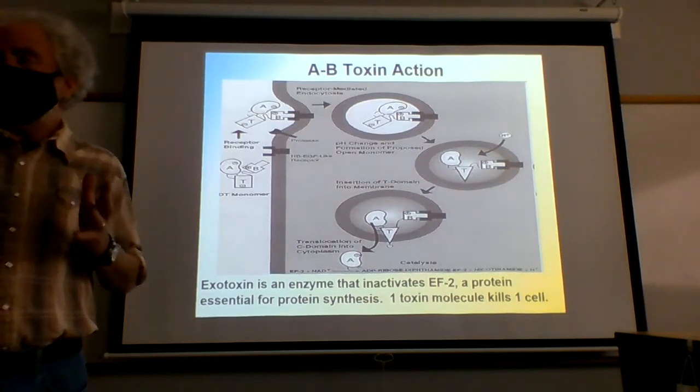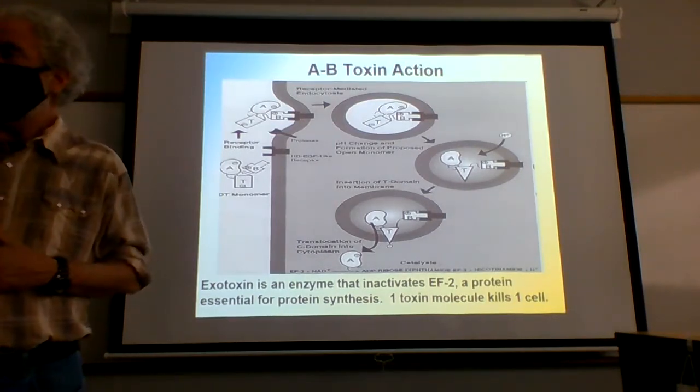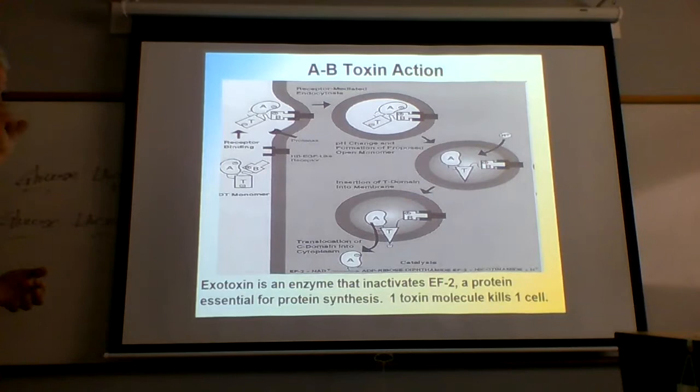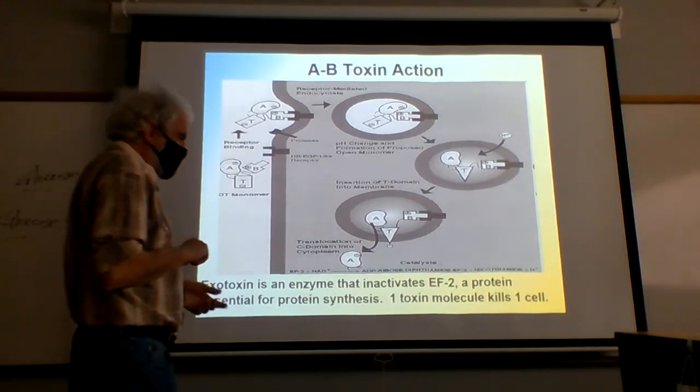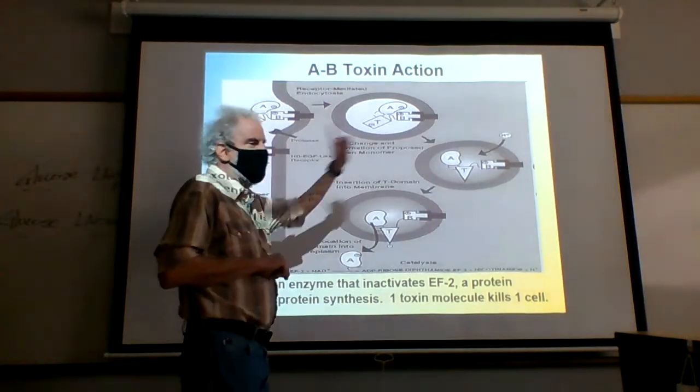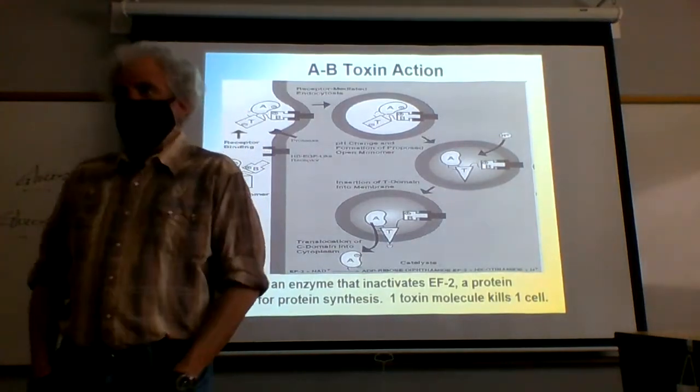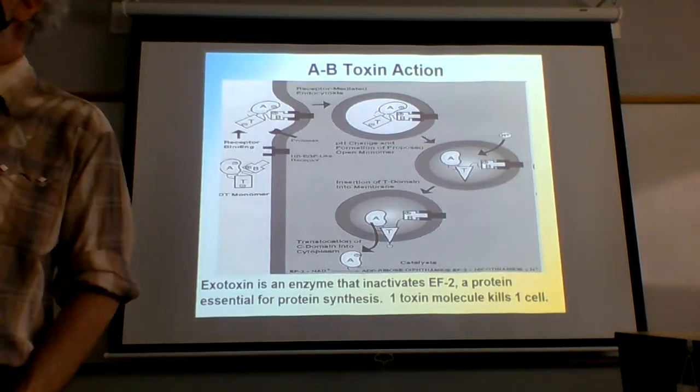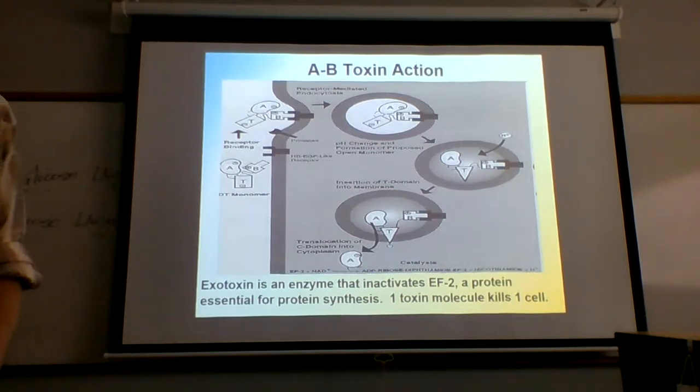If you can't produce proteins, eventually the cell is going to have some problems. And it is, in fact, so potent that one toxin molecule is going to kill one cell. So there are some really nasty things out there, and this is one of them.